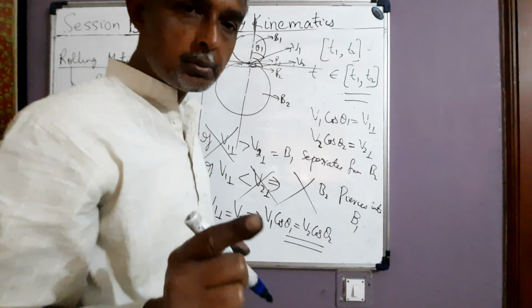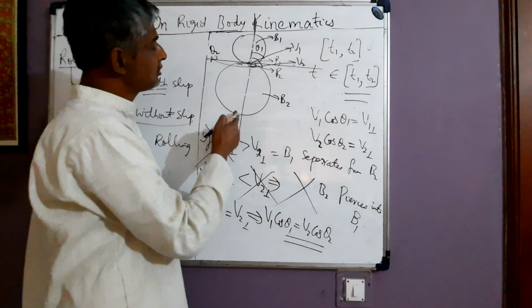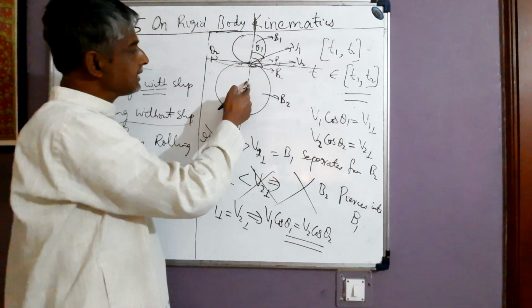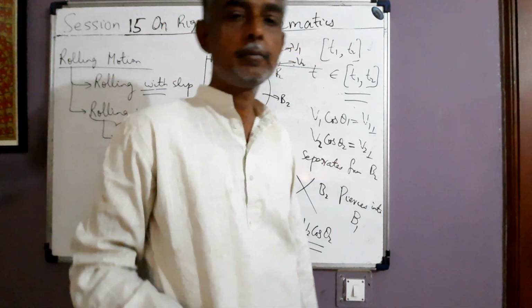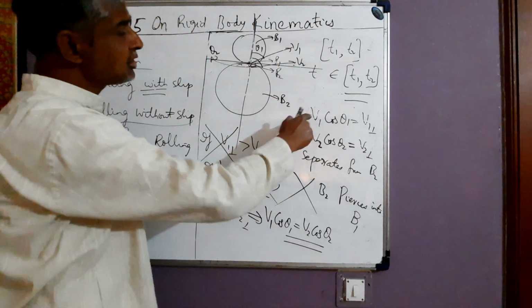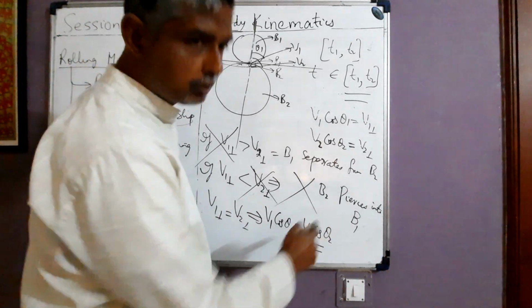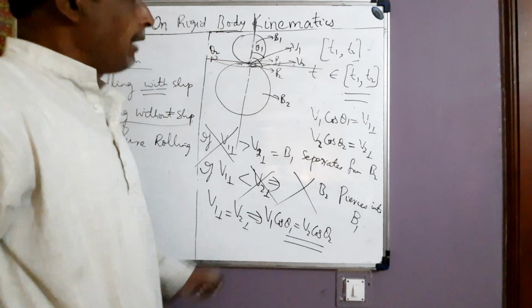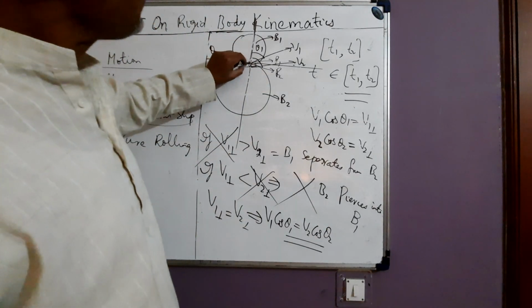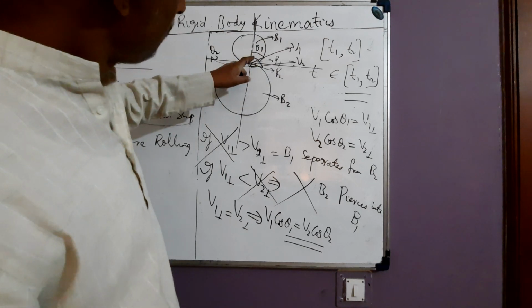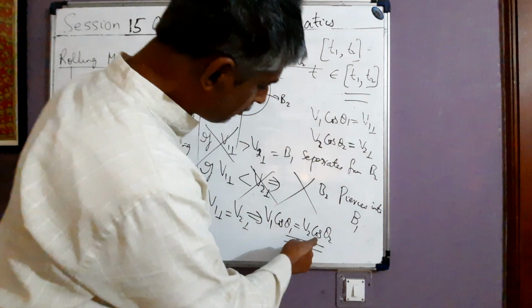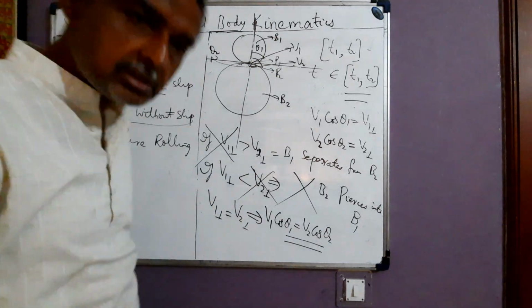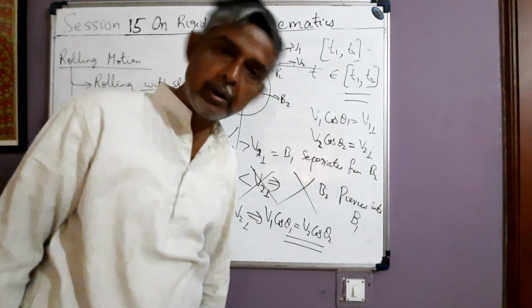So only one thing is possible: component of velocities of 2 points of the two bodies in contact along common normal should always be equal in magnitude and direction both. For each instant of this interval, this condition is going to be fulfilled. Whatever 2 points of two bodies are in contact, for those 2 points, this condition will be satisfied. This is a condition common to both rolling with slip and rolling without slip.